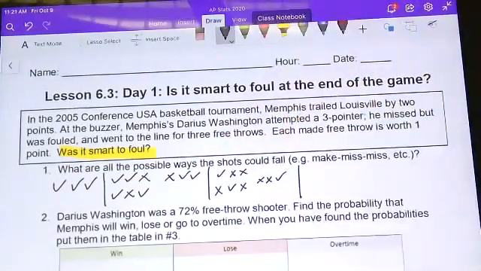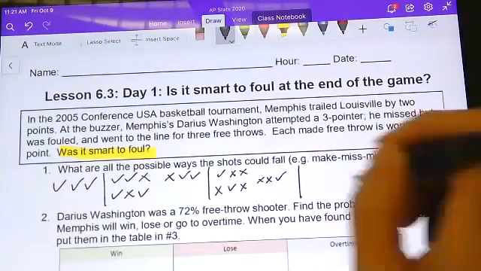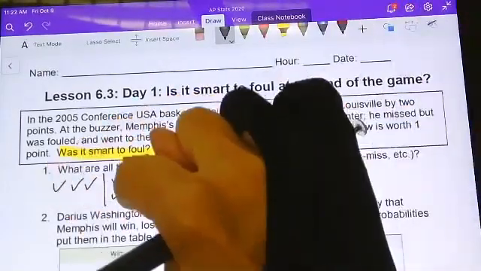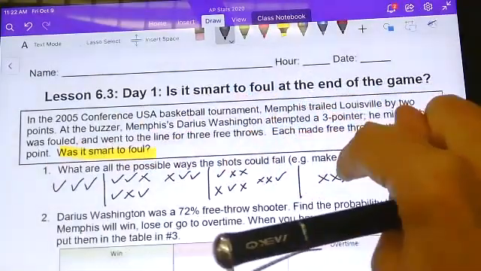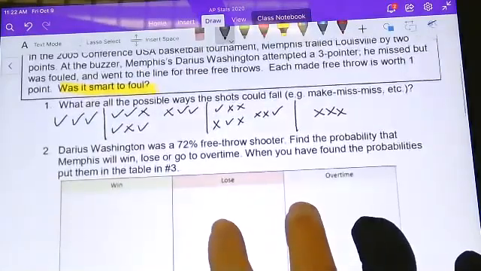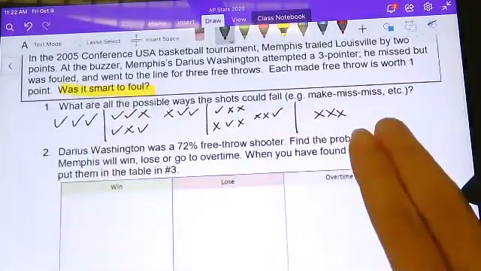And then the next option is he could miss all 3. So there are 1, 2, 3, 4, 5, 6, 7, 8 different possibilities of what can happen. Someone goes up to the free throw line and makes 3 attempts. There are 8 outcomes. There's 8 ways that it could work out as far as whether you make the shot or you miss the shot. So we're going to analyze these 8 different outcomes.